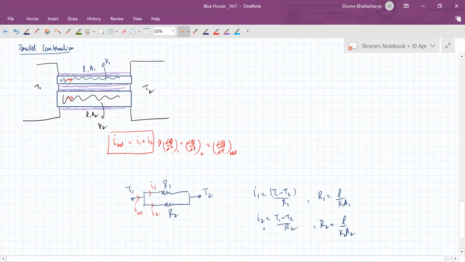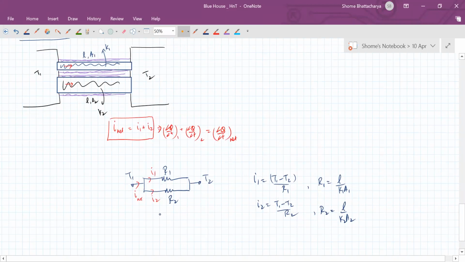So now if we implement this conservation of heat equation, I net, the net rate of heat conduction, is the sum of the conduction in the two of them. So it is T1 minus T2 into 1 by R1 plus 1 by R2. So we can see that the net heat current is temperature difference divided by equivalent resistance.